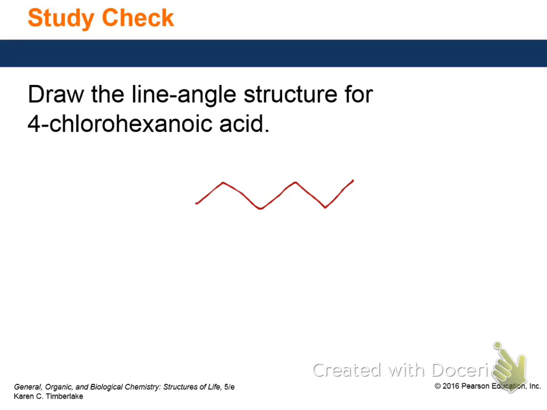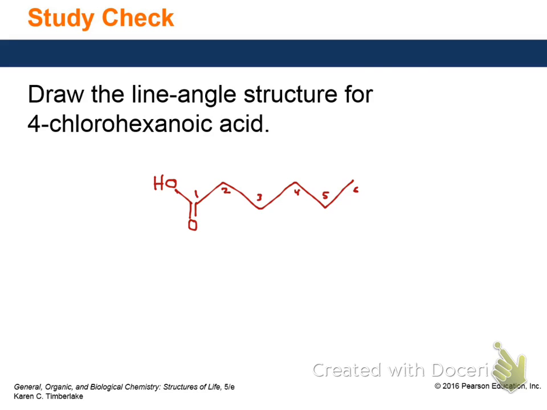And then on one end I have to put a carboxylic acid. Just to be obnoxious, I'm going to put it on the left. That makes me draw backwards, but that makes my numbers go in increasing order.